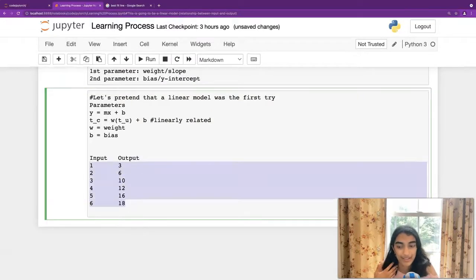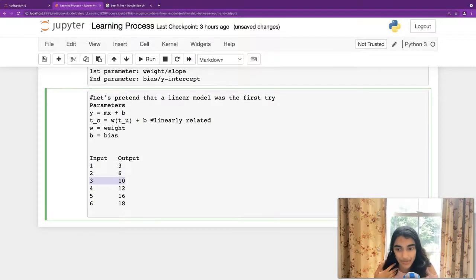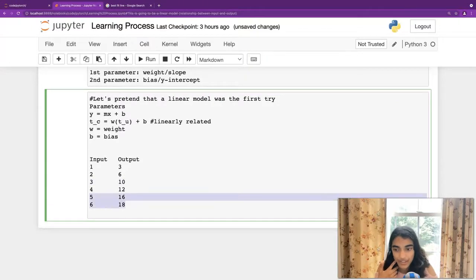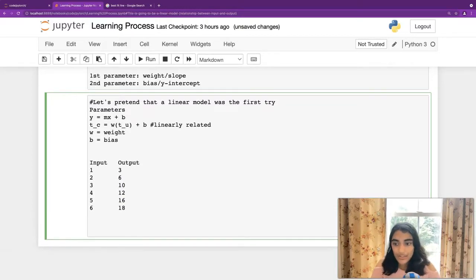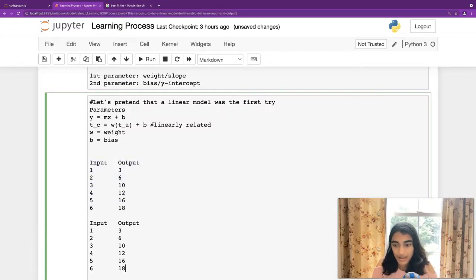Okay, so this is a line. This is a fuzzy line because this isn't exactly times 3. 3 times 3 is not 10. 5 times 3 is not 16, but it is close, right, to 9 and 15. Okay, so we have a line. We have another line, though, another set of data, right?